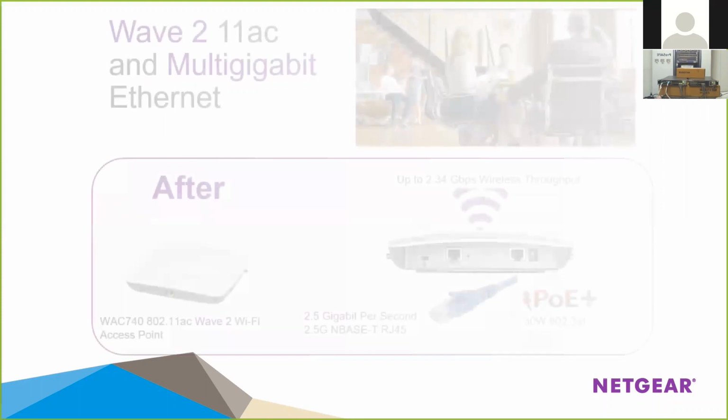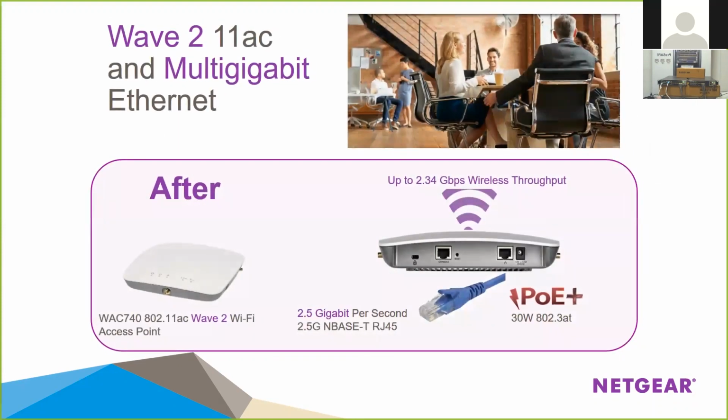But with Wave 2, we just calculated the overall throughput for that 4x4 WAC740, the new top-of-the-line AP. 2.1 gigabit per second, so one Ethernet port for aggregation is not sufficient at all.